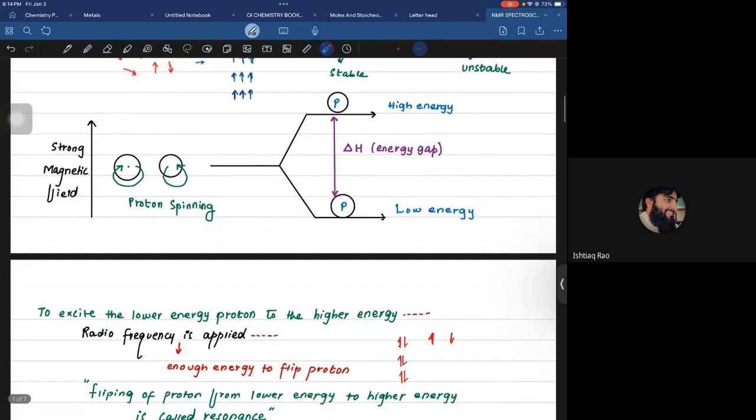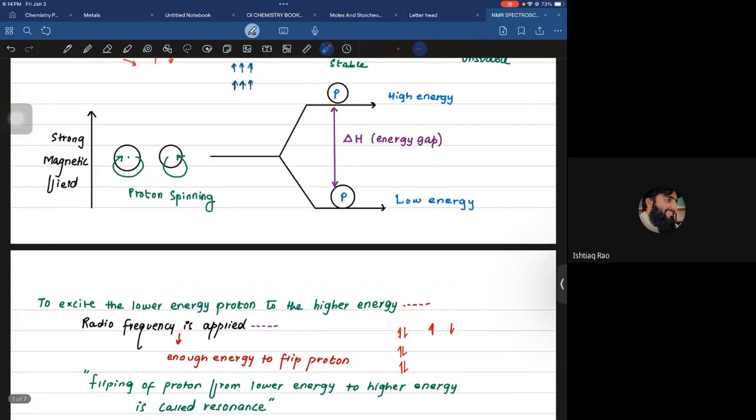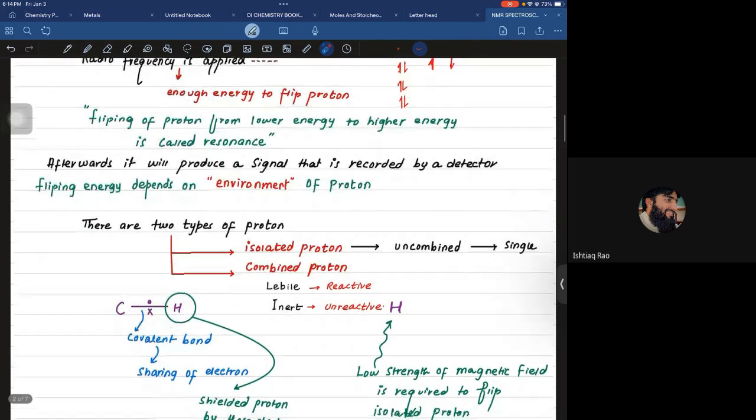So it gives a signal. We can detect that signal and say, okay, this is the proton of methyl, it's the proton of alcohol, it's the proton of carboxylic acid. In this manner, NMR works.